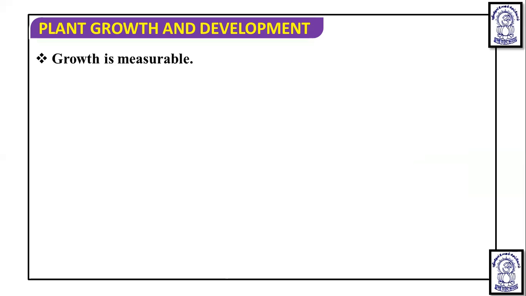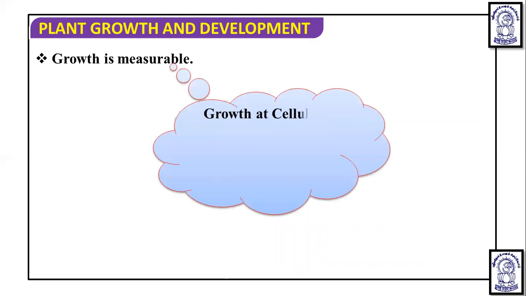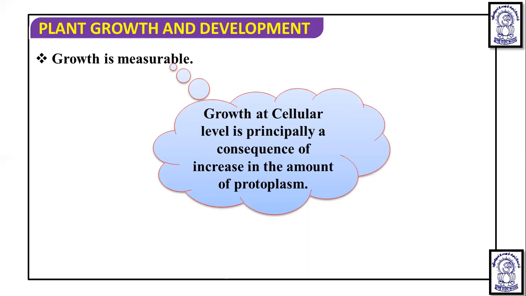Now, after this, considering the types of growth, that is, primary growth, secondary growth, unlimited growth, localized growth, and open form of growth in the case of plants, if growth takes place, how will you measure it? To measure growth at the cellular level is difficult. So growth at the cellular level is principally a consequence of the increase in the amount of protoplasm.